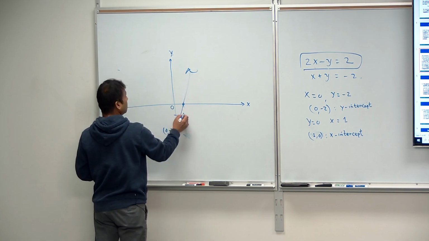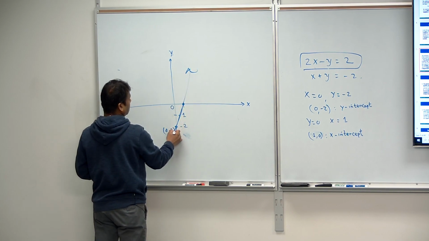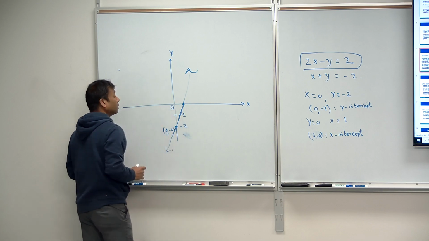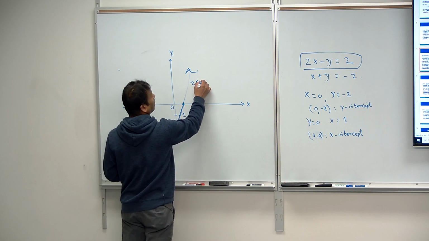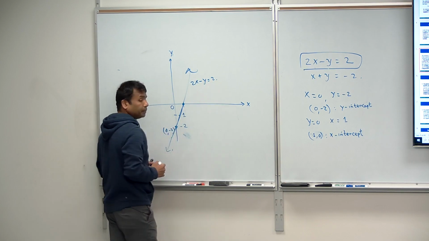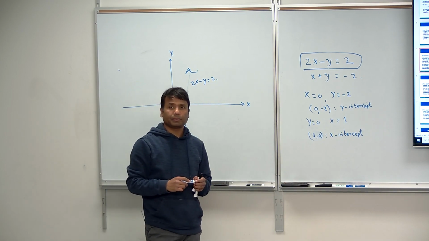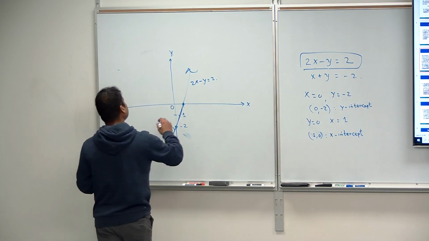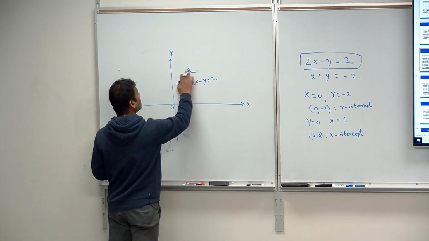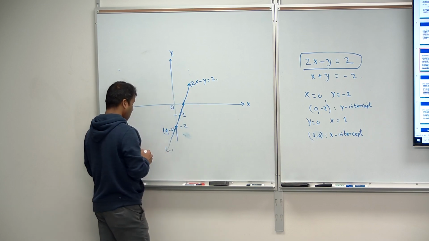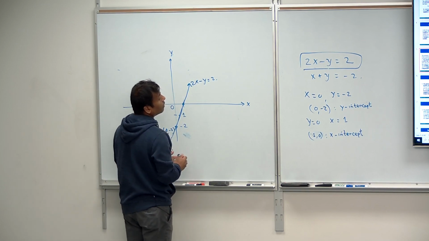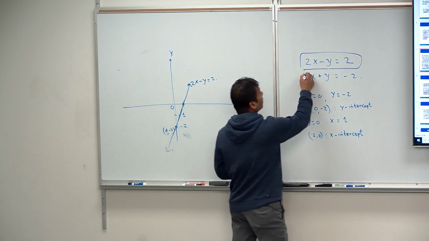So this is the straight line, the graph of 2x minus y equal to 2. See that? Are you guys with me?